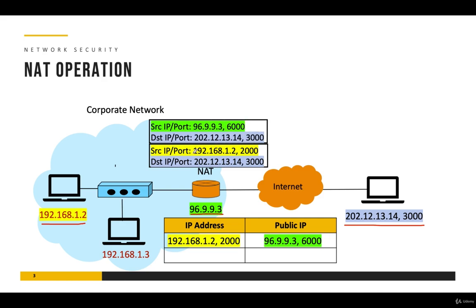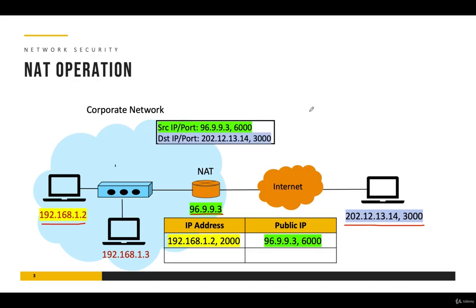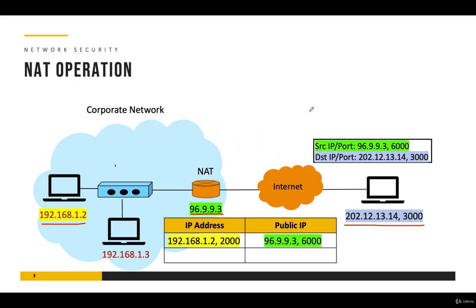It has replaced the original private IP address and port number with its own publicly routable IP address and port number. And then it sends this packet to the destination. So from the perspective of this destination, it thinks that this packet is coming from this NAT router because you see, it only sees its IP address and port number.